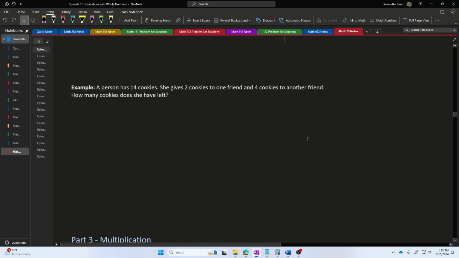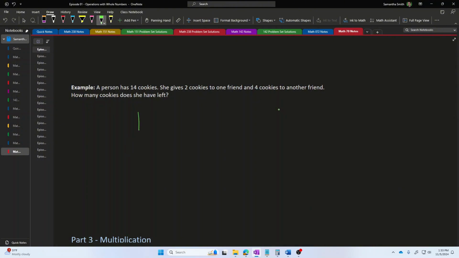For an example where I would subtract multiple numbers, suppose that I start out with 14 cookies. I then give 2 cookies to one of my friends and 4 cookies to another friend who I evidently like more than the first friend. How many cookies will I have left over for myself if I give this amount away?